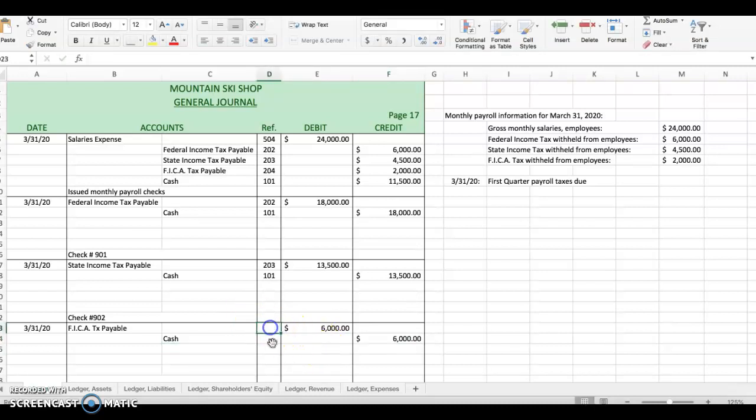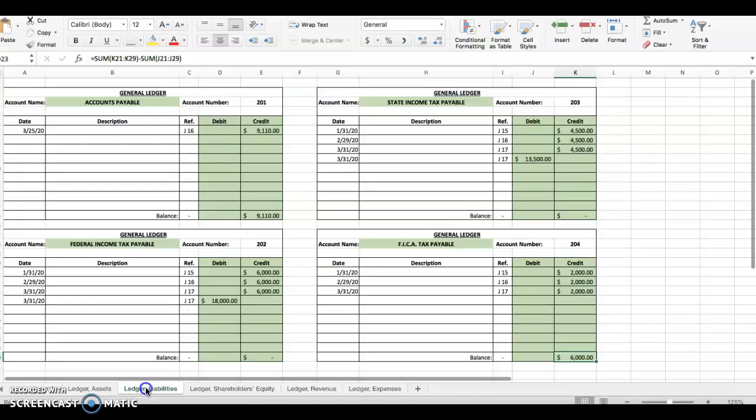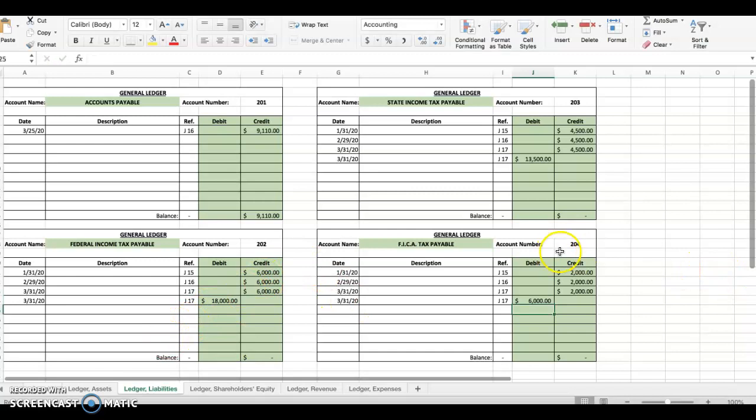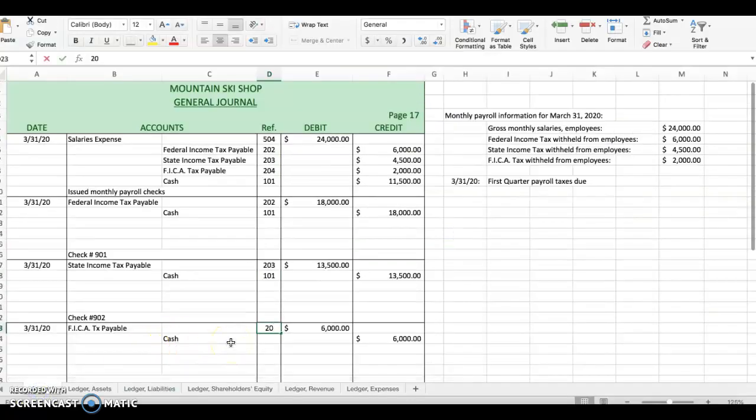And let's post them. FICA tax payable. J17, journal page 17, and the debit is 6,000, which gives us a zero balance. Account number 204, and cash will be credited.